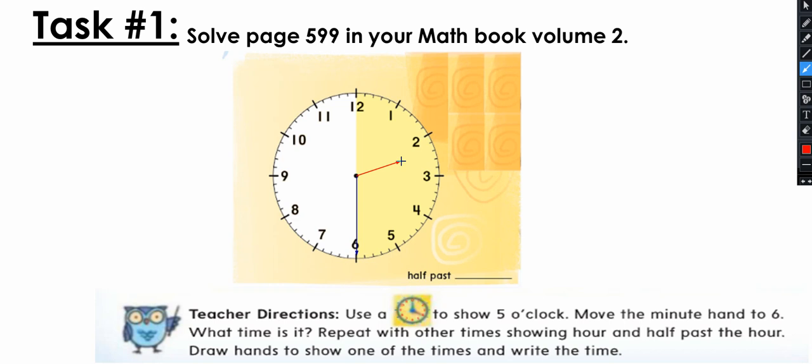Now it's half past 2. And now it's half past 3. Now it's half past 4. And again, half past 5. So on your book, you can draw this time, half past 5.